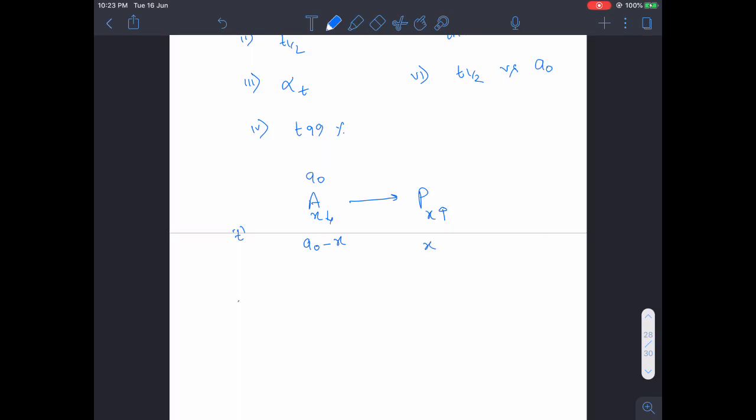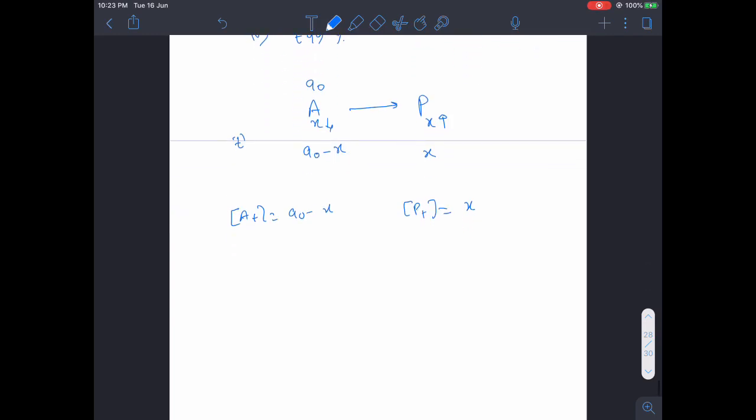So, can I write like this, that A is equal to A0 minus x and P is equal to x. Now, by the differential rate law equation, minus dA by dt is equal to dP by dt, and that is equal to K.